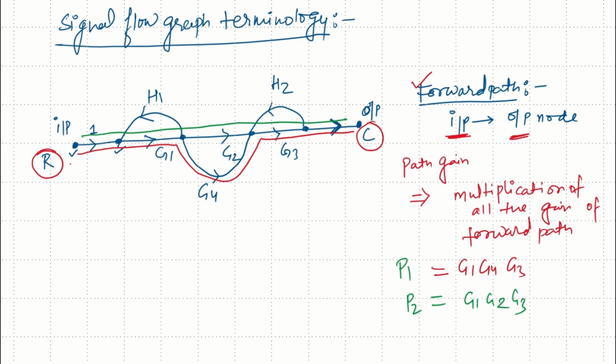Now another terminology which we will use in this signal flow graph is the loop. So basically, what exactly is a loop? A loop is a path which originates and terminates at the same node. It is a path which starts and ends at the same node.